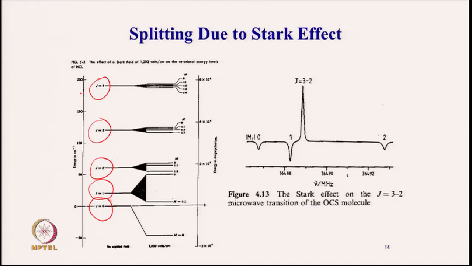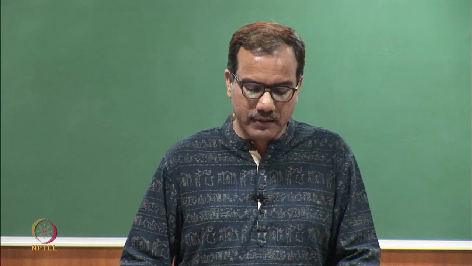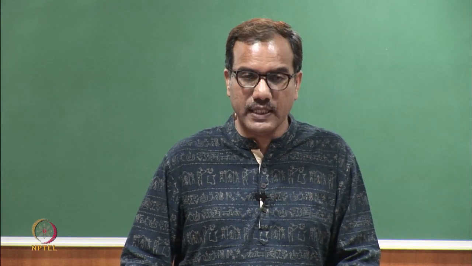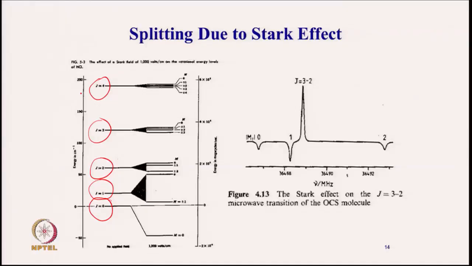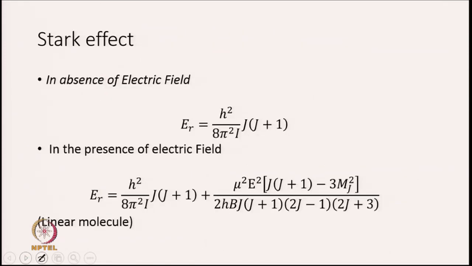For example, if j is equal to 2, it will split into 3 levels. If j is equal to 3, it will split into 4 levels. And this is the Stark effect on the j equal to 3 to 2 rotational spectrum of the OCS molecule. And this splitting is dependent on the dipole moment.